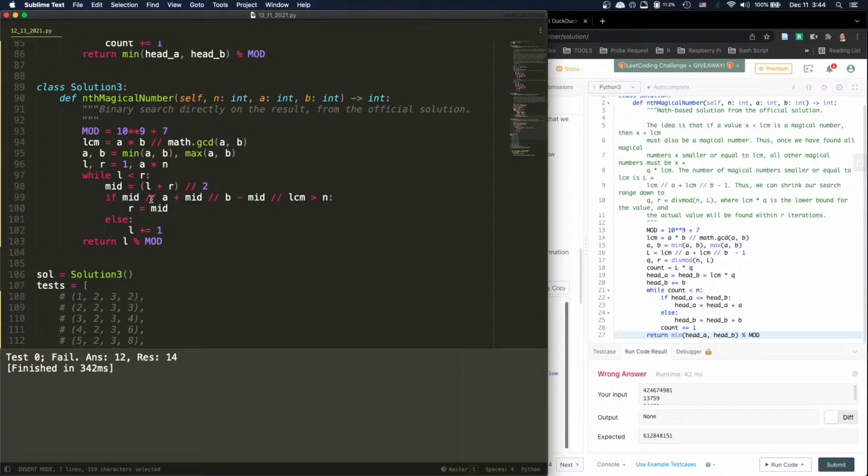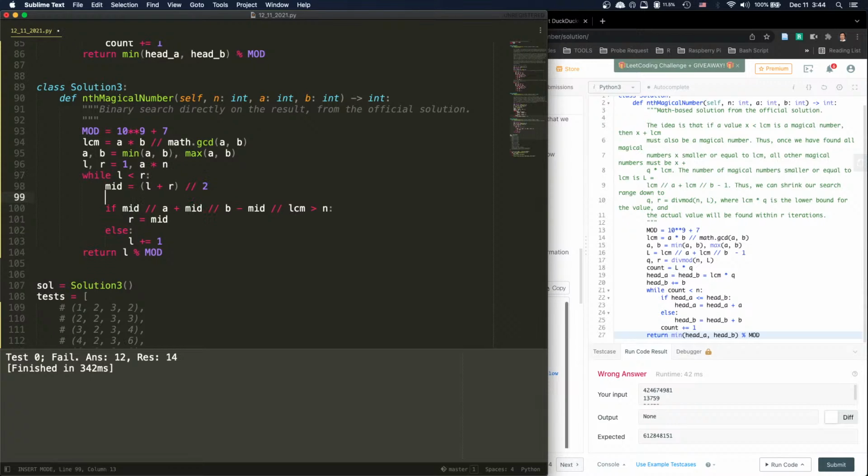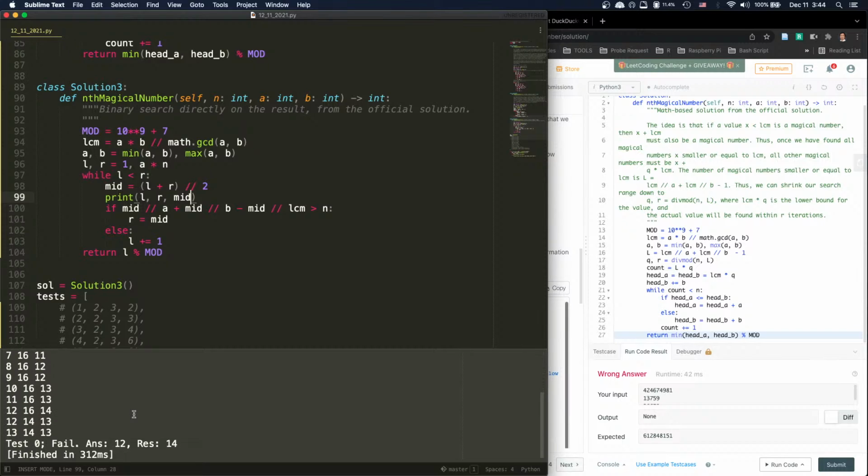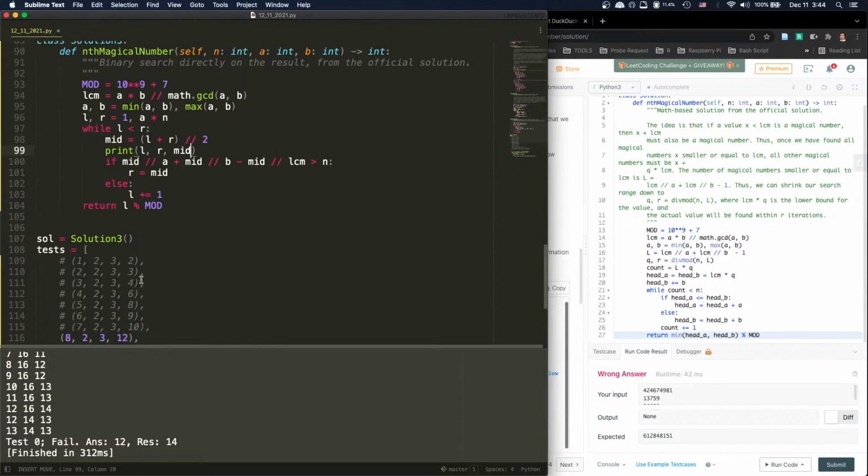Okay, so we get a value, and this value is too big, and R equal to, hold on, let's print out L, R, mid.